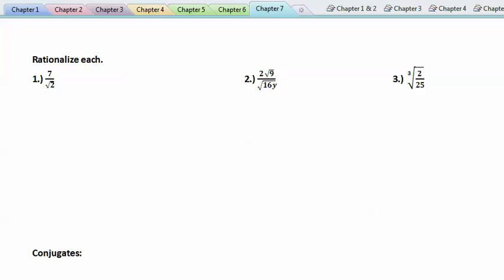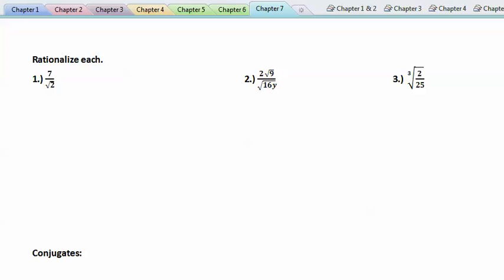So how do we do this? Well, you're going to look at the radical that's in the denominator, and you need to look at the index. If we look at number 1, the index is 2, it's the square root of 2. There's a couple ways that you can think about this. You can think about what you need to multiply the denominator by in order to get a perfect square.